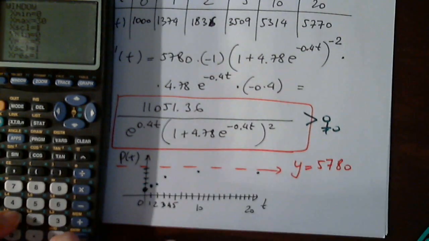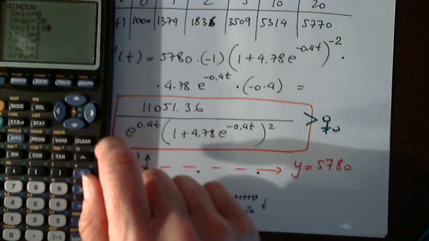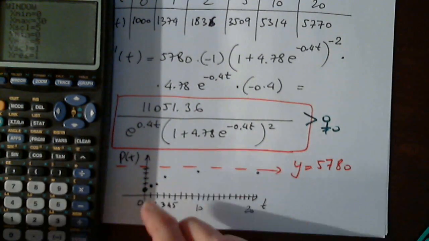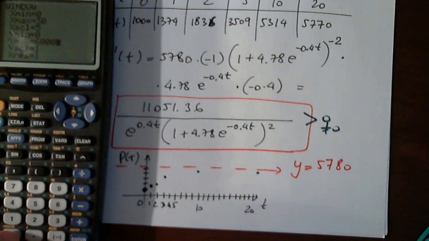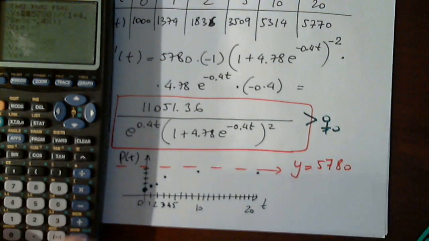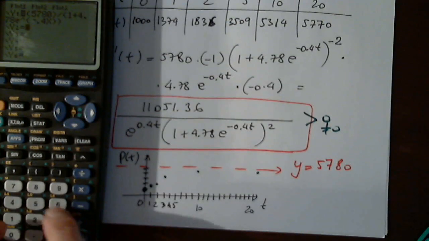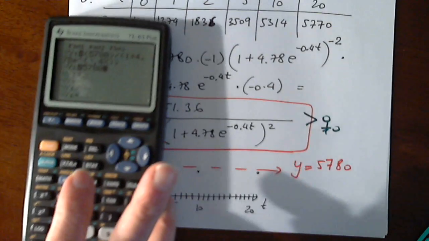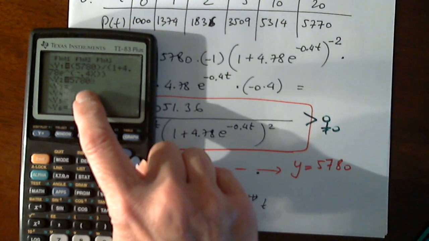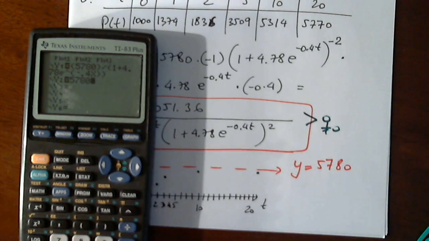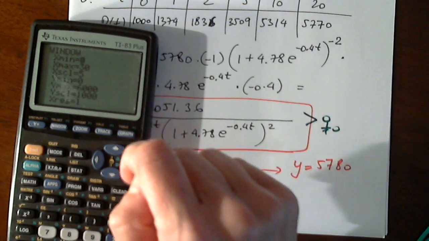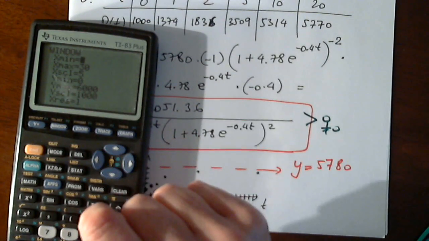I want the scale to be, I could use 5. Y minimum 0, but definitely Y maximum, I don't want it more than 6,000 with a scale of 1,000. And I go back to Y equals, and I'm going to put this number, which is 5780. So I have the function, I have the horizontal asymptote. And one more time, the viewing window 0 to 30 with a scale of 5, 0 to 6,000 with a scale of 1,000.